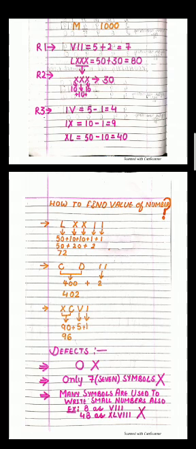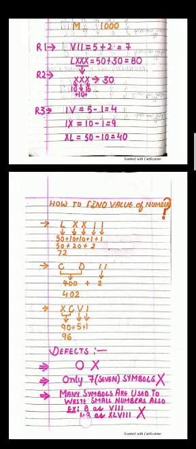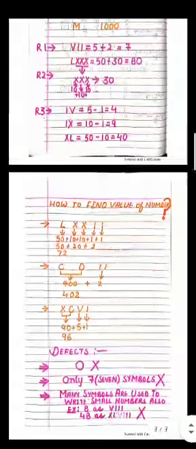If we have to write a small number also, we have to use a lot of symbols. Like here, as an example, 8 is given. For writing 8, a small number, we have to use 4 symbols. That is VIII.